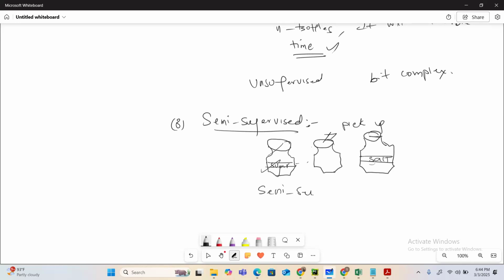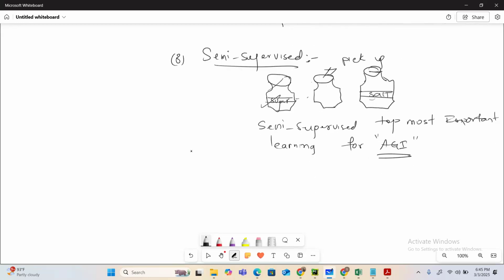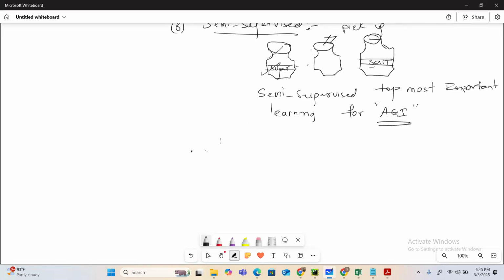I'll just go and pick it up. Semi-supervised is the topmost important learning for AGI. For AGI, semi-supervised learning is we get the data.